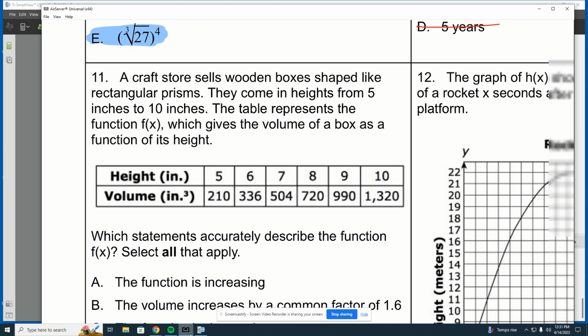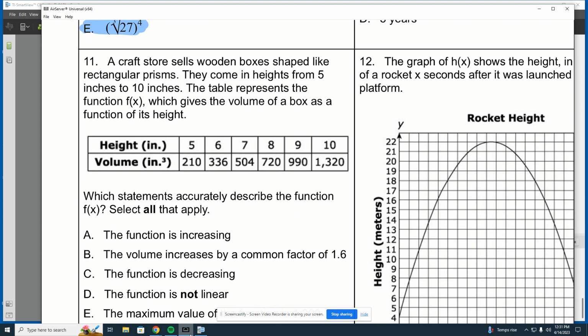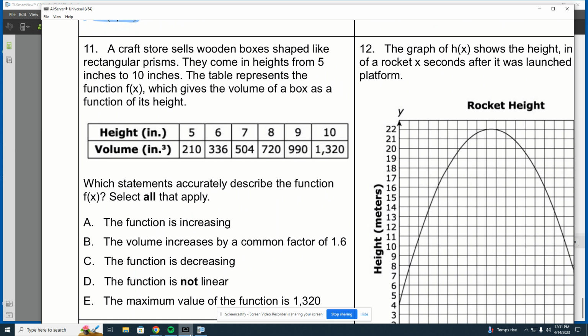Number 11. Number 11 and 12, there's no tricks. You just kind of have to look at what you're given and make decisions. So, for example, it tells me that these wooden boxes come in heights of 5 to 10 inches. Here's why that's important. Is that just a window into a bigger function, what you have in that table?